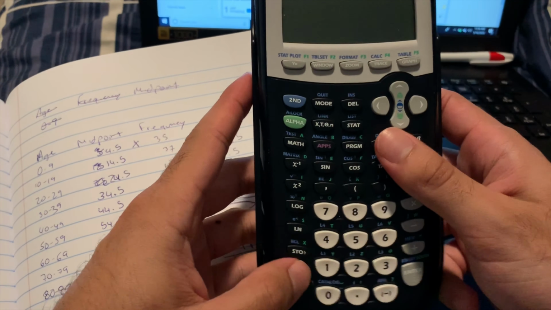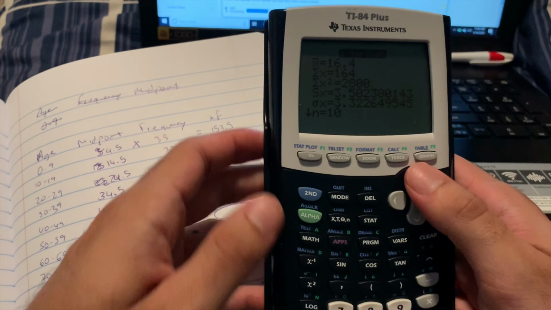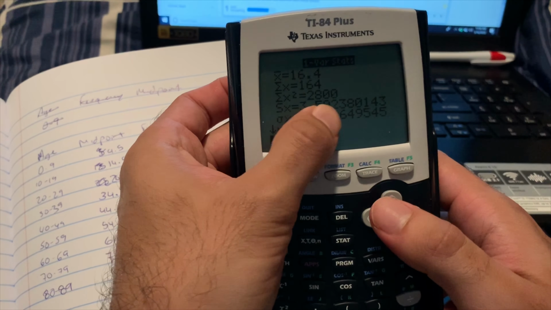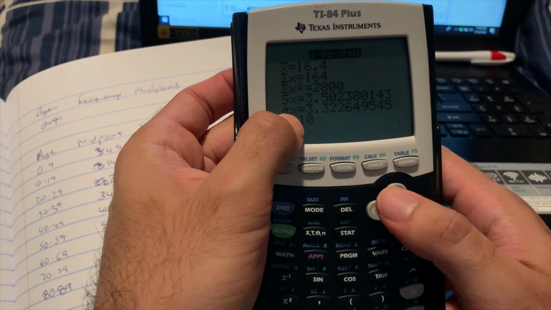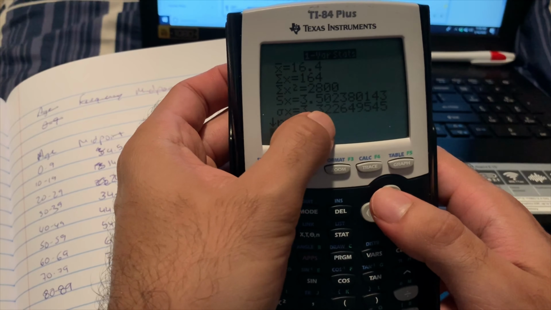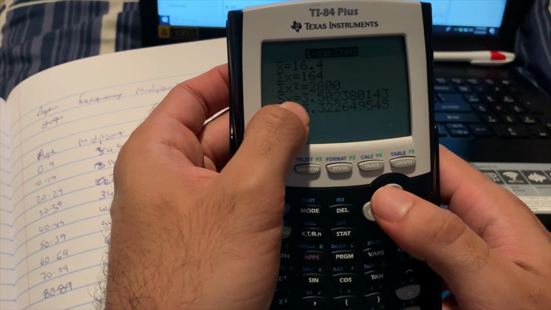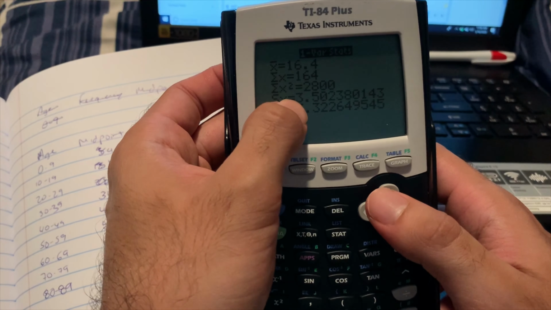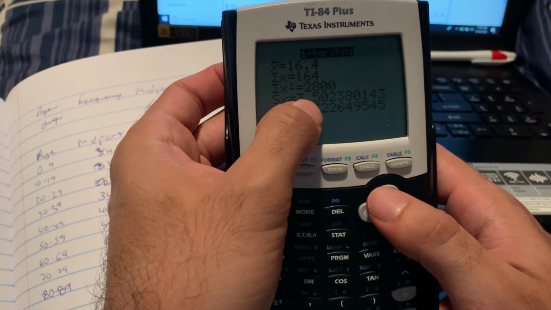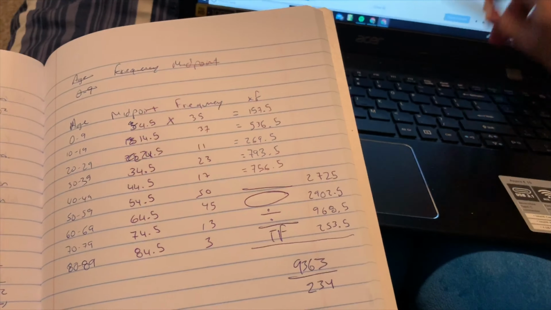We're going to turn it on first, and then go back to statistics. This one is going to be our sample standard deviation, and then we have our population standard deviation. So to find the variance, it's going to be our sample standard deviation, and we have to square that number.